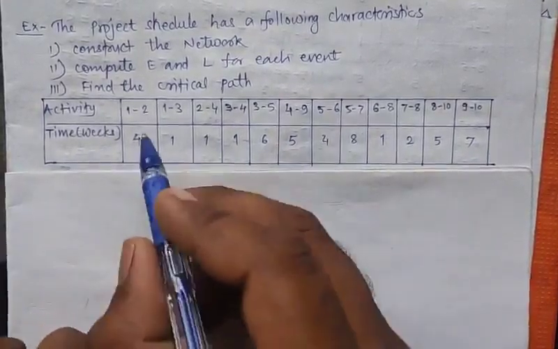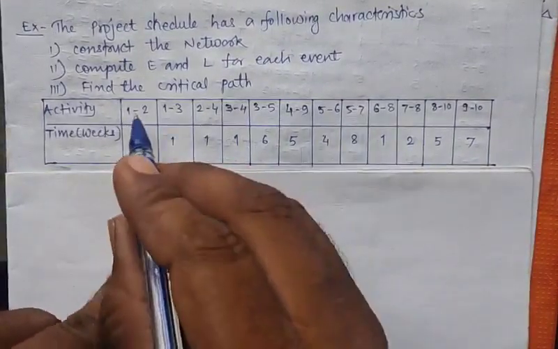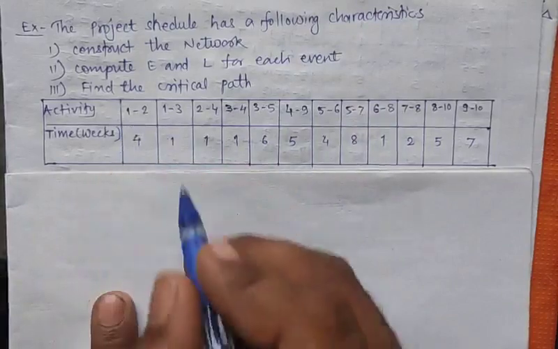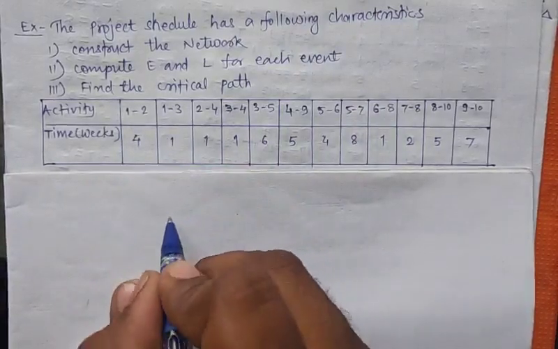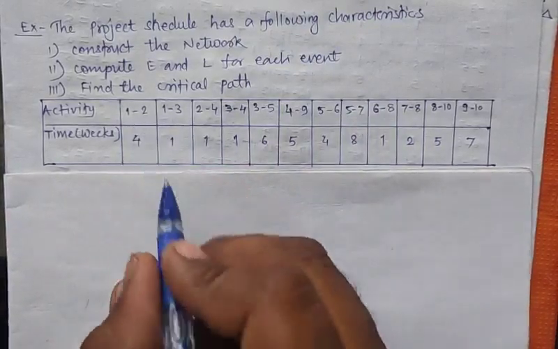Now, the first activity is from 1 to 2. First, link this.